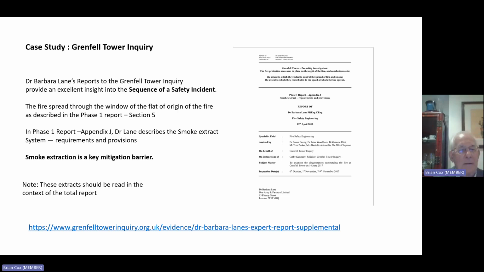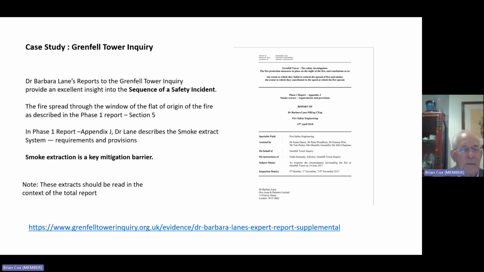The Grenfell Tower disaster was a very terrible accident. However, it has left us with some very useful materials which were supplied to the Grenfell Tower Inquiry. In particular, Dr. Barbara Lane and her team's reports give an excellent insight into the idea of a sequence for a safety incident.